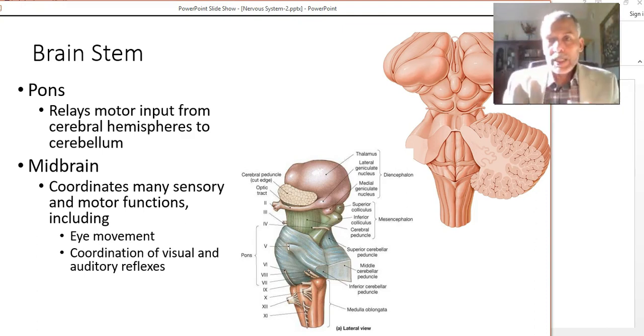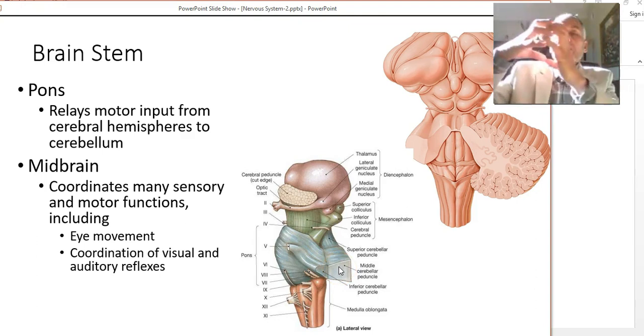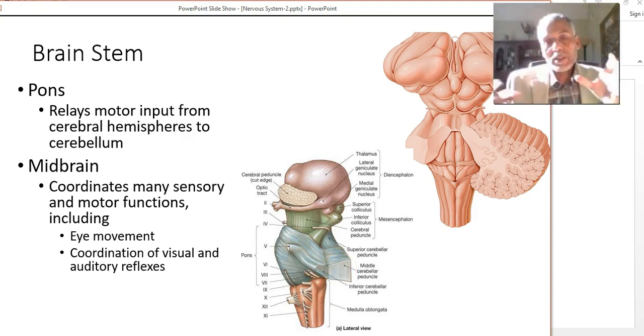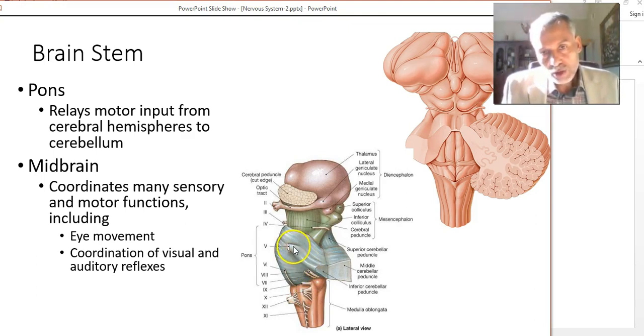So what you see in the front here is an extension basically of the middle cerebellar peduncle, and it wraps around that piece of the brain stem. So the piece of the brain stem covered by that structure and the structure itself, all of this area, this segment, is called the pons.